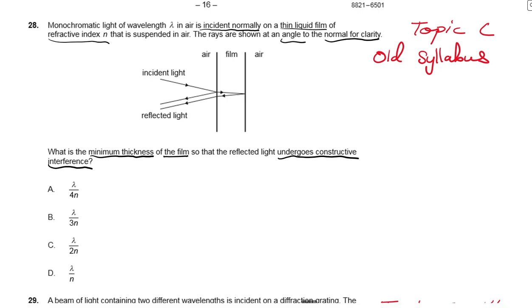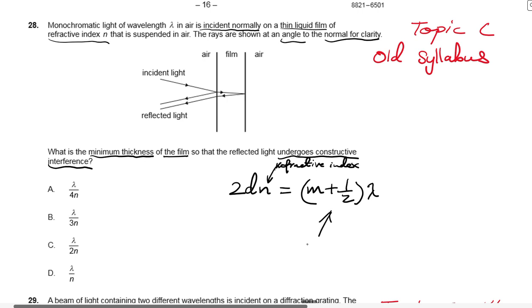So we have a formula for thin film interference, where n is what we have as the refractive index in our data booklet now. And this is constructive interference. That means we have to use the formula for destructive interference. Typically this is the formula for destructive, right?